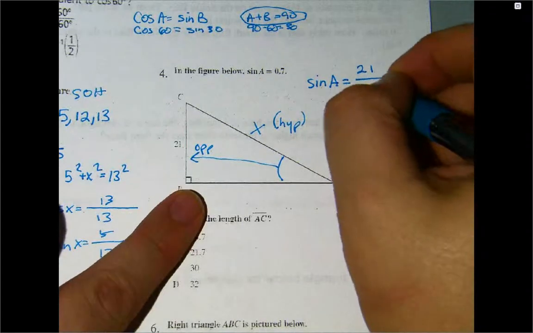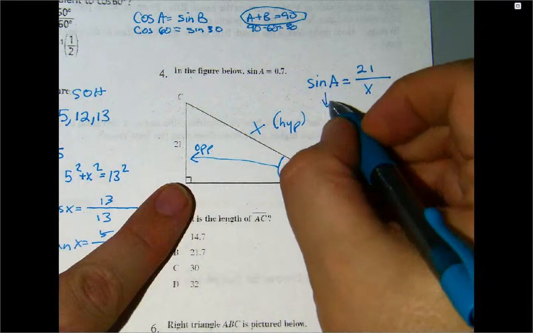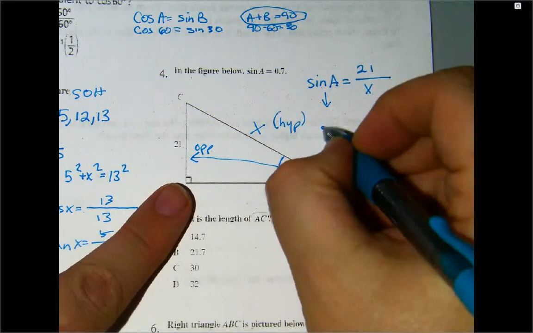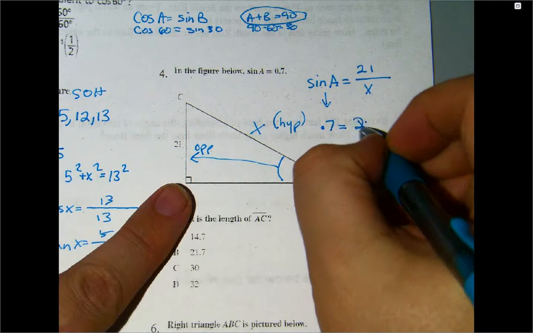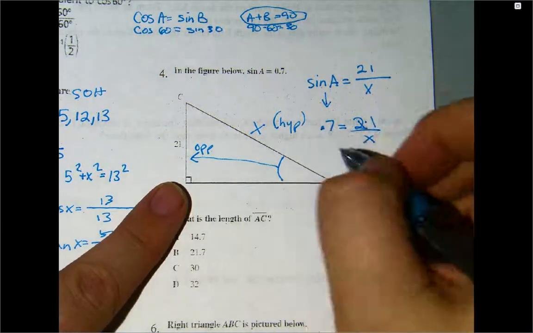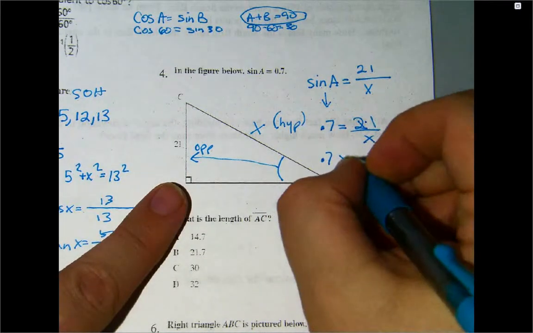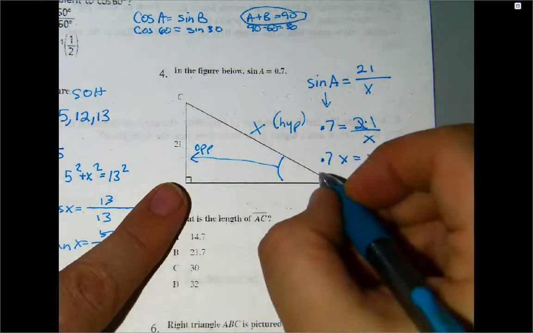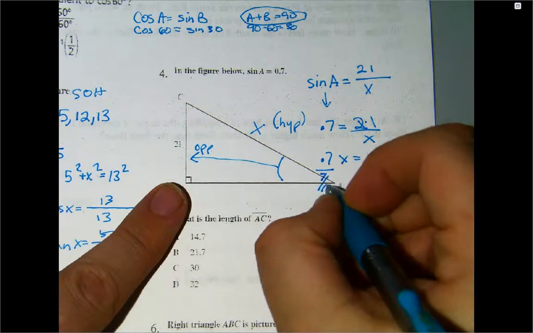But do I know what the sine of A is? Yeah, it's 0.7. So 0.7 is equal to 21 over x. So I multiply, 0.7 times x is equal to 21. Now I'm going to divide by 7/10. Now why did I say 7/10?